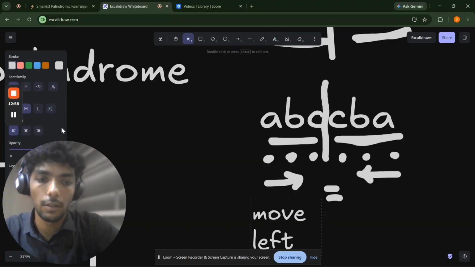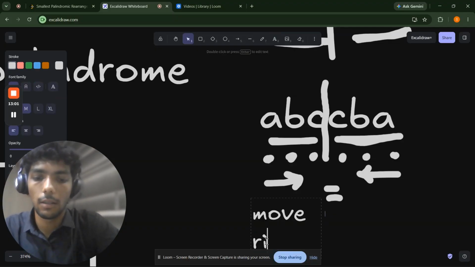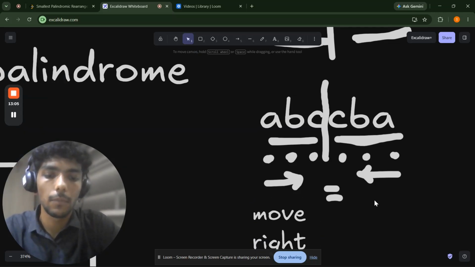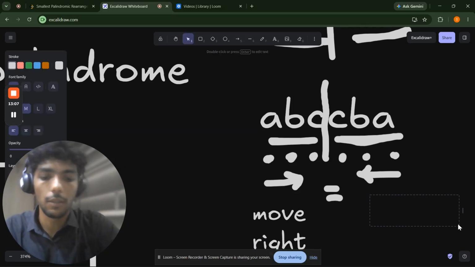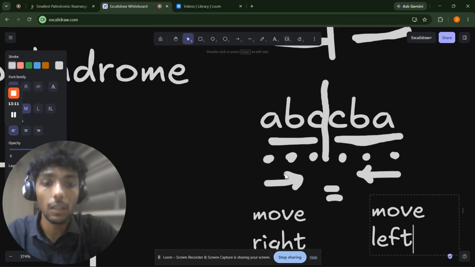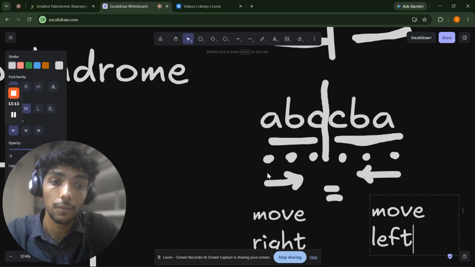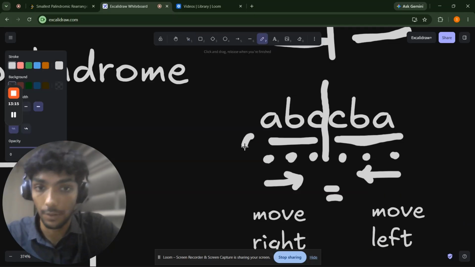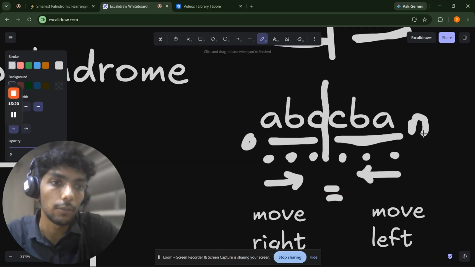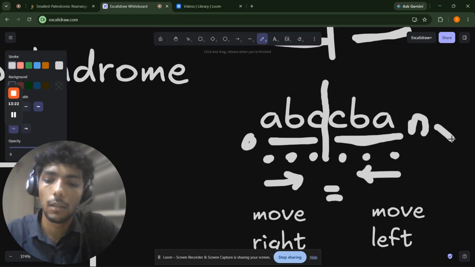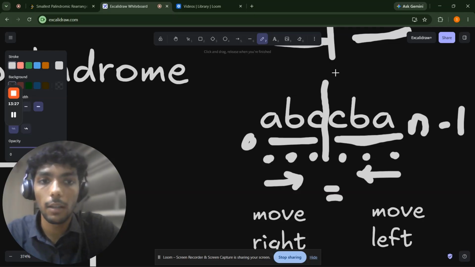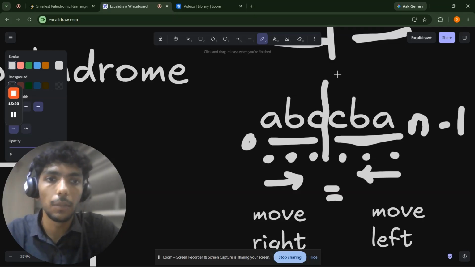We move left, right, and here we move left. We start from 0, here we start from n-1, till the middle.